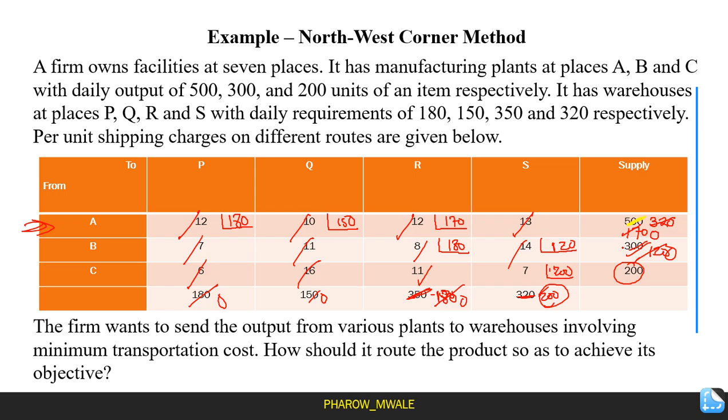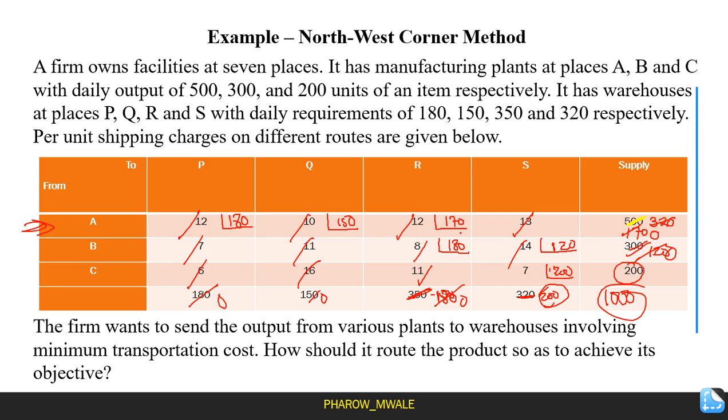You can do the same thing for the other side. 180 plus 150 is 330. 330 plus 350 is 680. 680 plus 320 is 1000. So our problem is indeed balanced. This gives us the same exact amount.